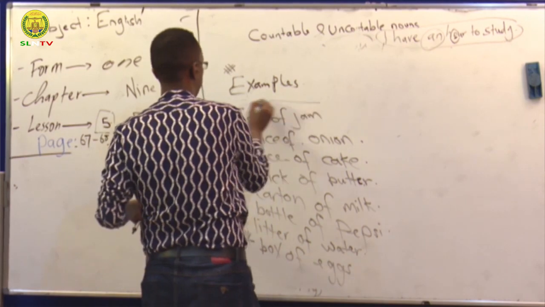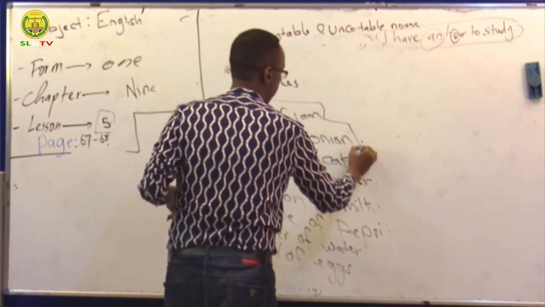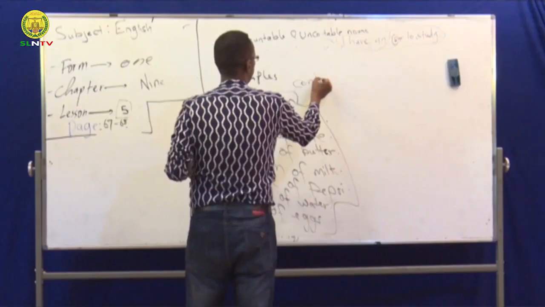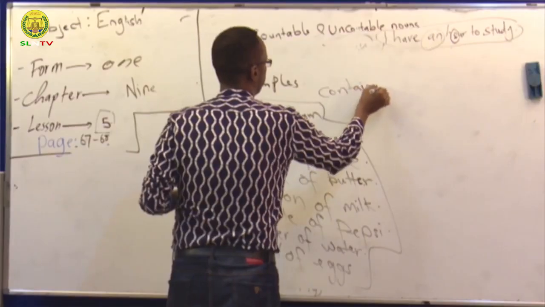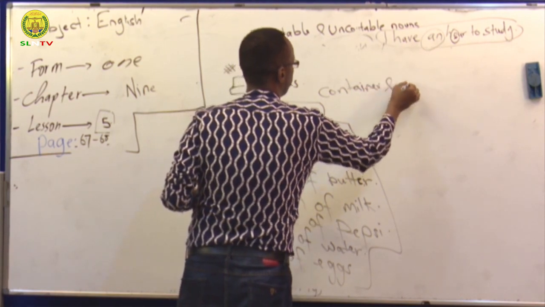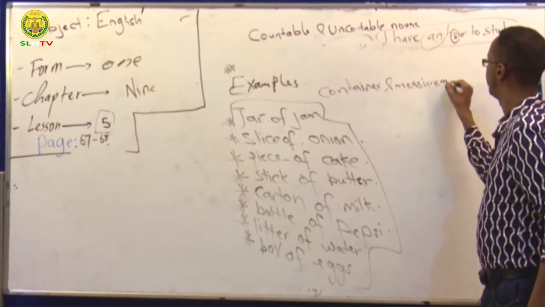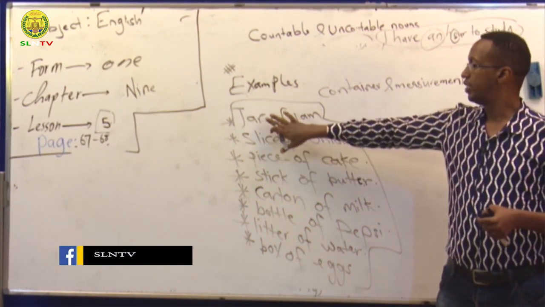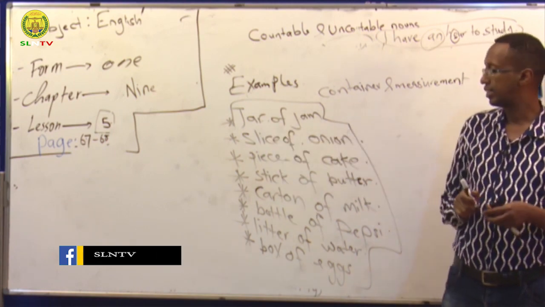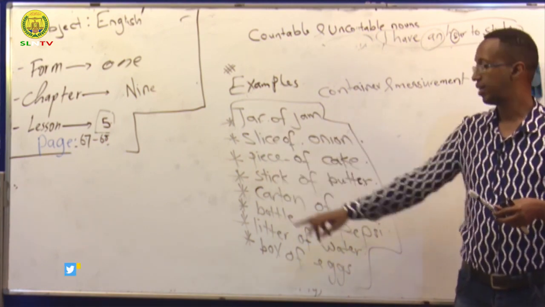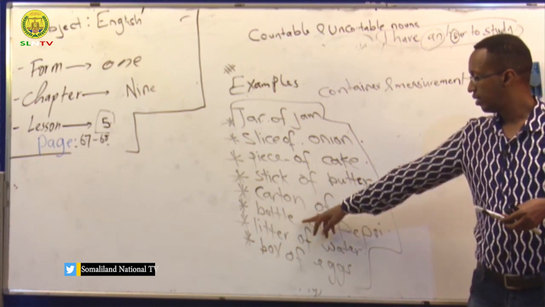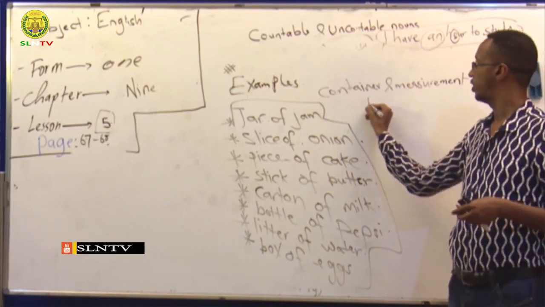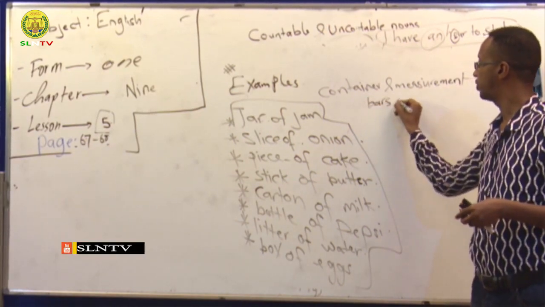So these phrases or these words are called containers or measurements. We use these words, for example, jar, slice, piece, stick, carton, bottle, liter, box, or there is also another one, bars of gold.